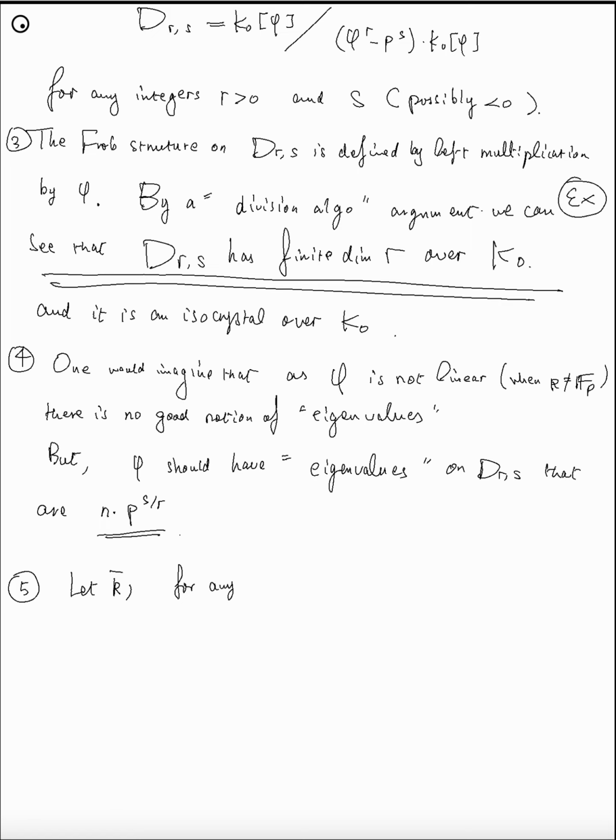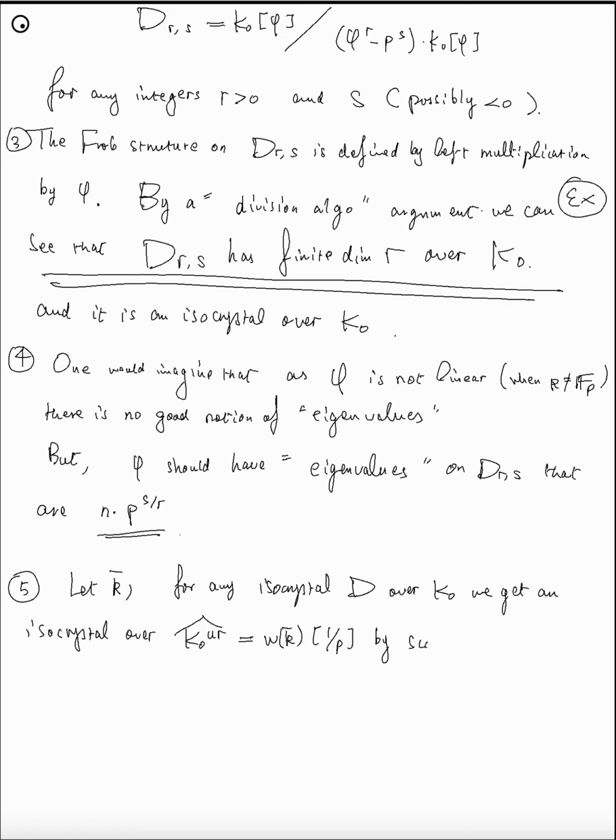For any isocrystal D over K0, we get an isocrystal over K0 unramified completion, equal to WK bar inverted p, by scalar extension from K0 to this K0 unramified hat, so we denote this by D hat.